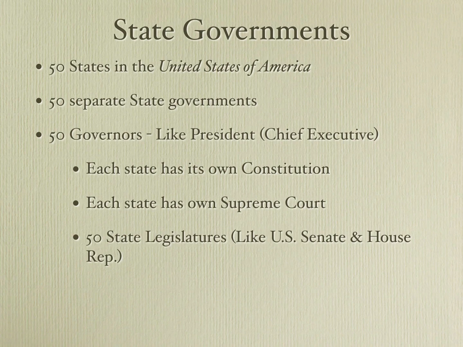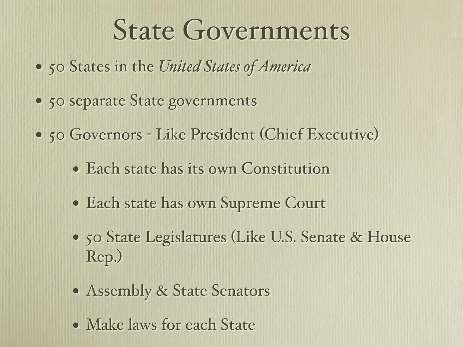We have legislative bodies just like the U.S. Senate and House of Representatives, and typically what they're called are assemblies and state senates. Their job is to make laws for each state, just like the House of Representatives and the U.S. Senate.